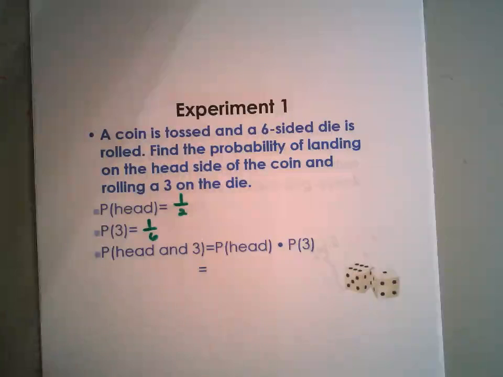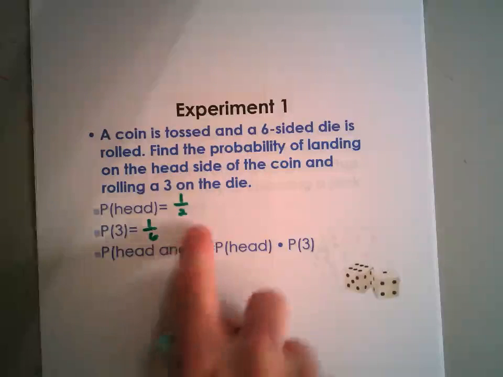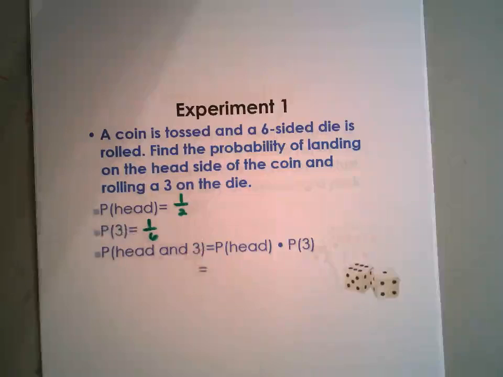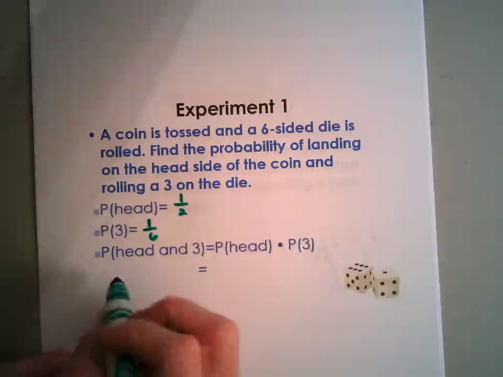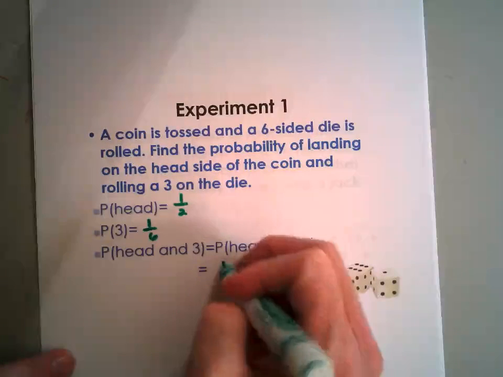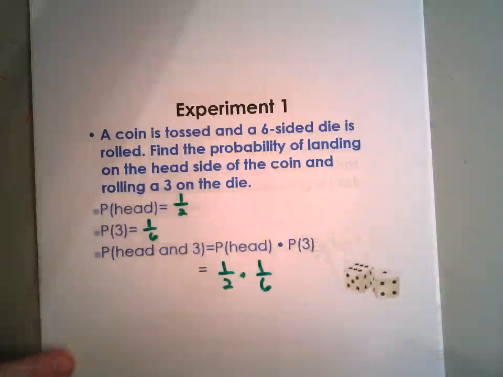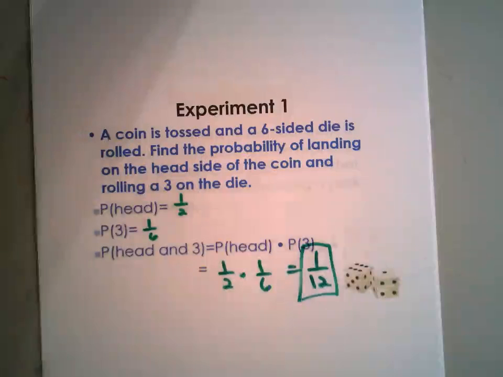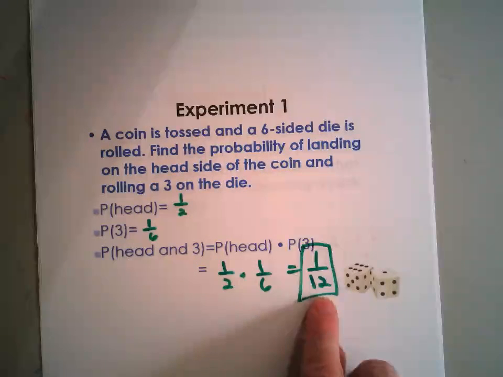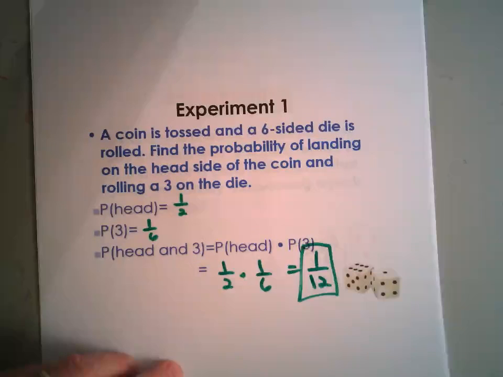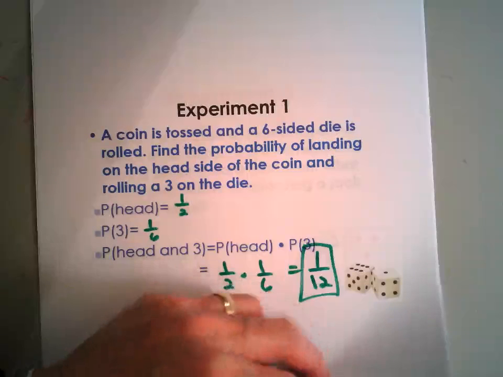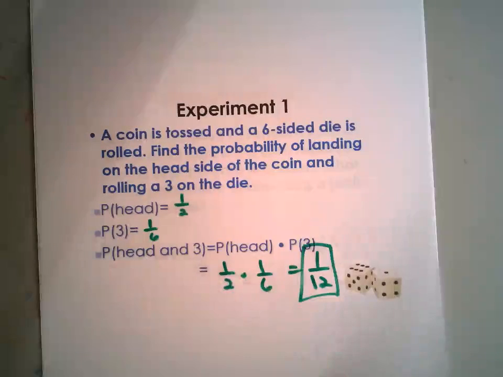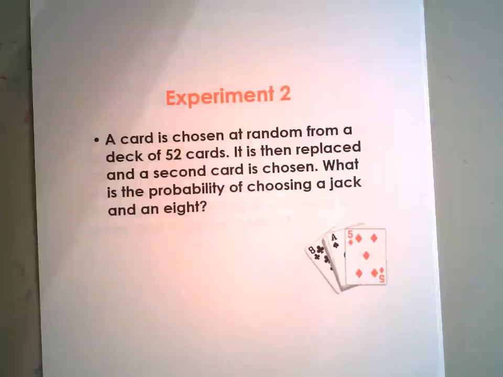So the probability of getting both of them, getting a head and a 3, is a multiplication. 1/2 times 1/6 is 1/12. So that would be the probability of both of them happening at the exact same time. That means it would happen one time out of every 12 rolls or attempts that you did. So, basic probability. We probably did these exact problems with you back in geometry.